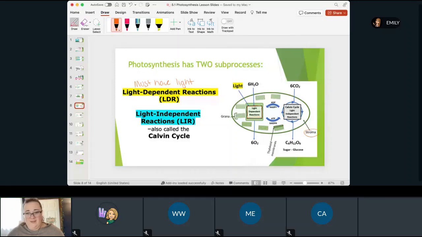No, exactly. So the light-dependent reaction has to have light. What do we think light-independent reaction means?